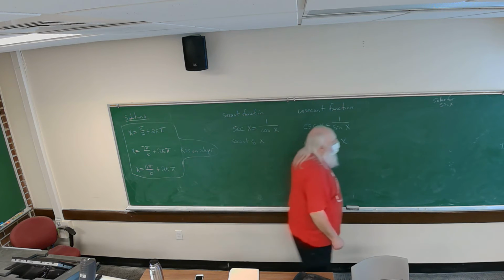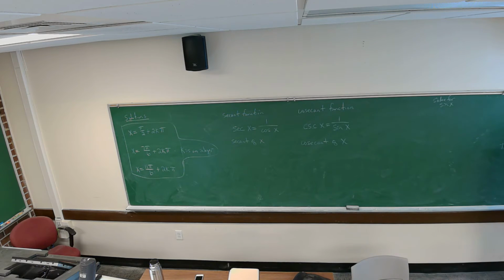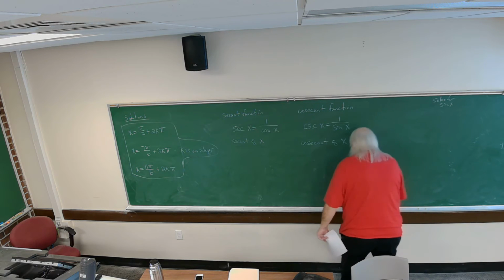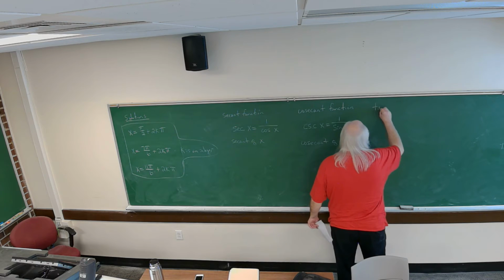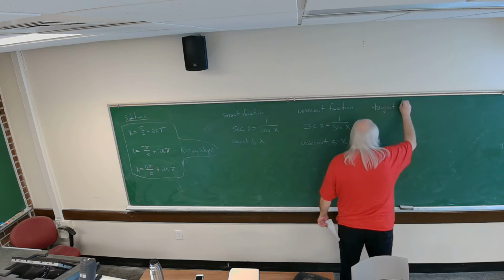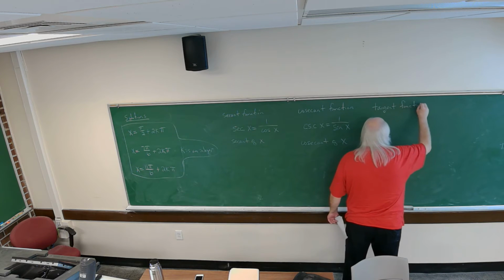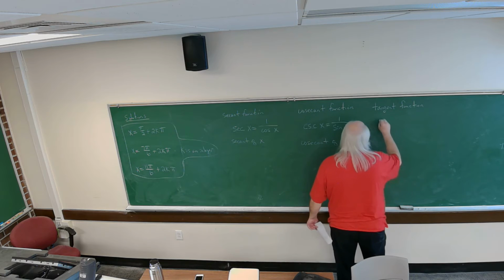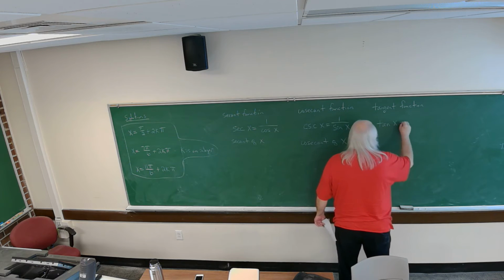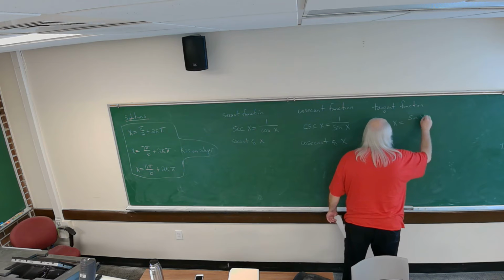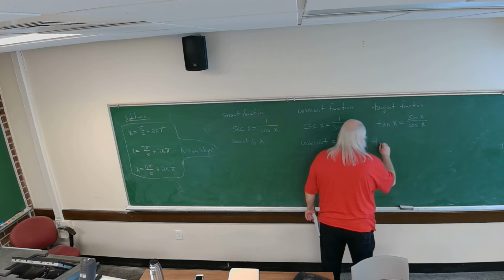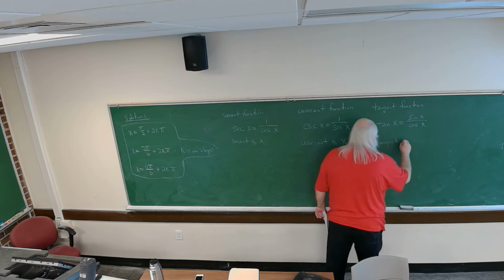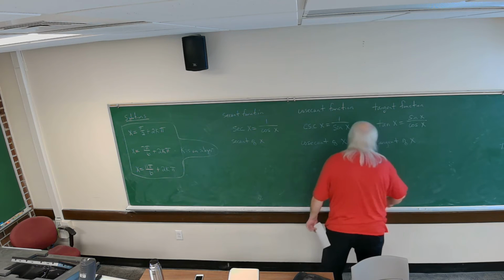And then the third and fourth ones are the tangent function and the cotangent function. And the tangent function is the ratio of the sine function to the cosine function. So this is pronounced tangent of x.